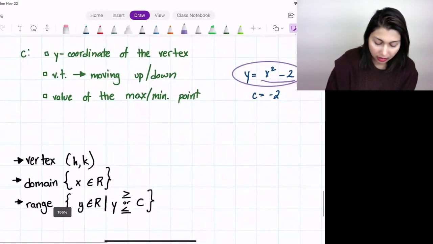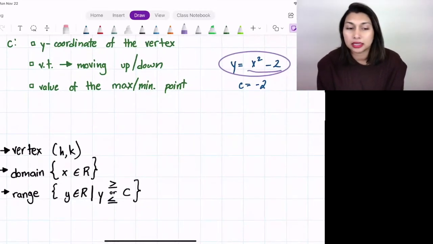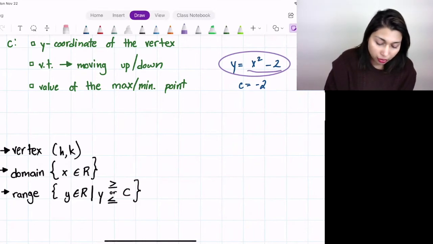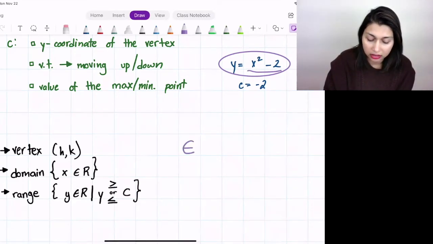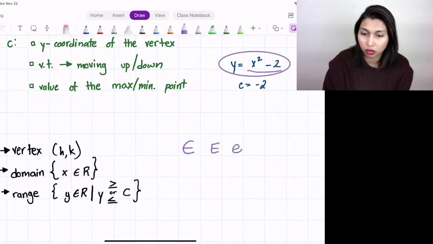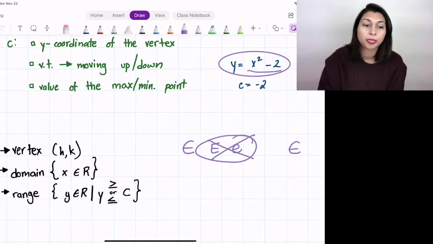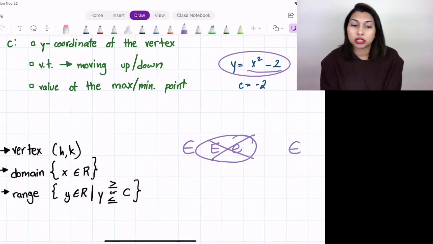To recap, a couple of things you need to know: the vertex is located at (h, k). Our domain, which is all the numbers that x can take on, is x belongs to all real numbers. Make sure your element-of symbol looks like a C with a line in between, not like the wrong versions shown. Then our range is y belongs to all real numbers with the exception.